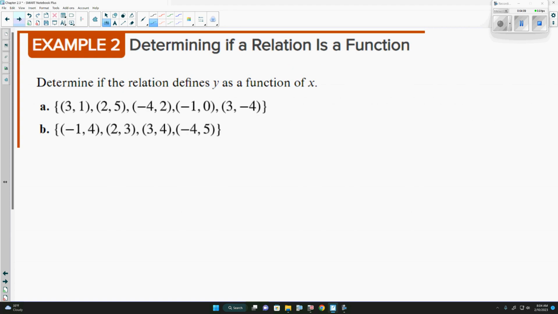Now, we want to determine if the relations defined as y are a function. So if we look at A, can we say that A is a function? Yes or no?